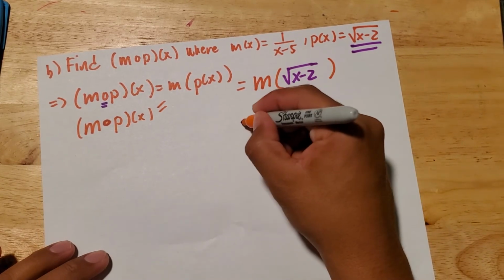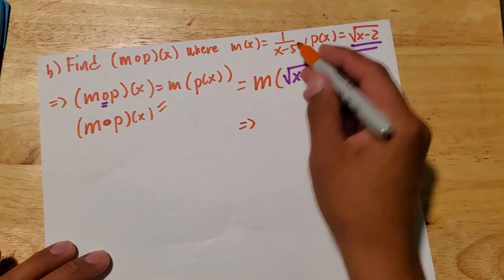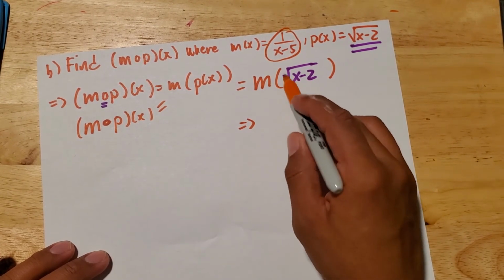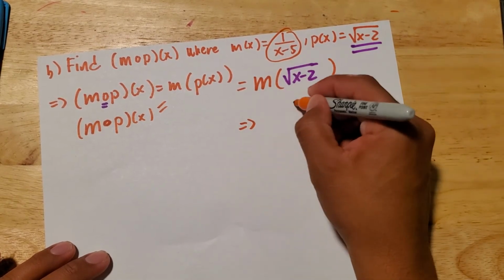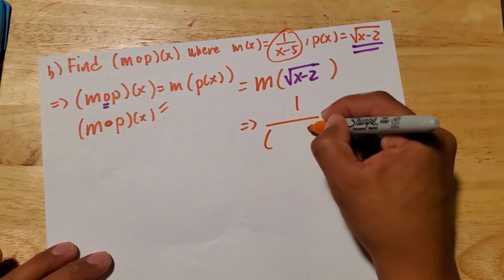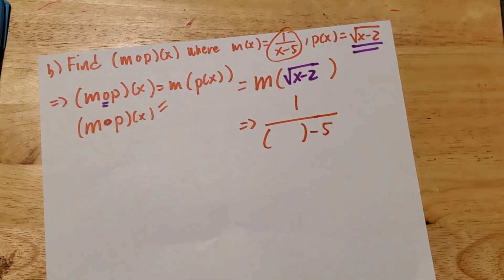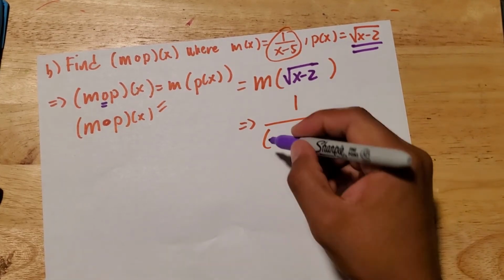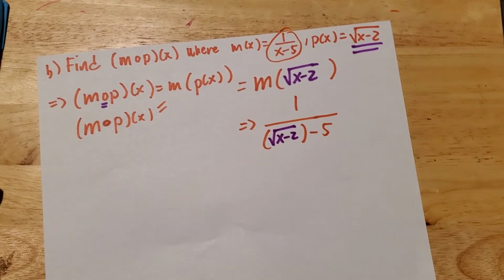So everywhere I have an x in m of x, I'm going to replace it with this square root. So this is equal to 1 over, and wherever I see my x, I like putting parentheses, in case there's any distribution or products going on. I always like to put my parentheses to remind me I'm plugging in.